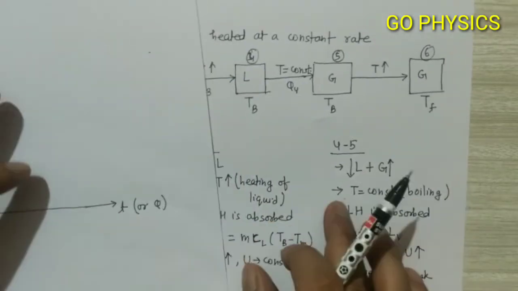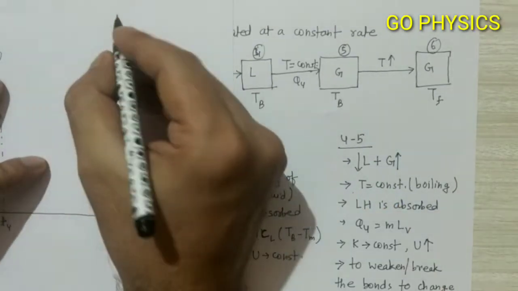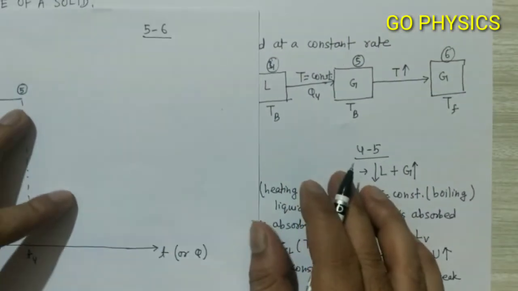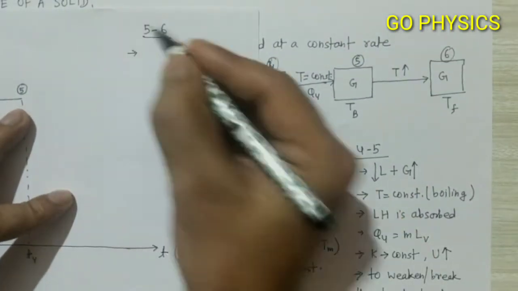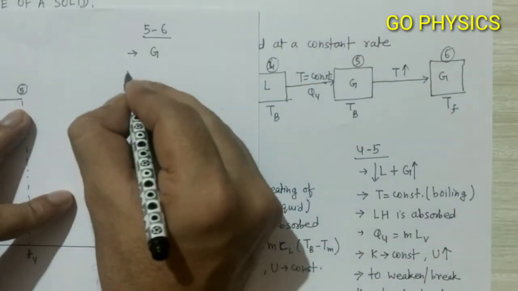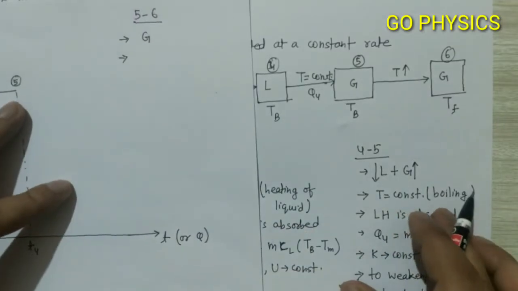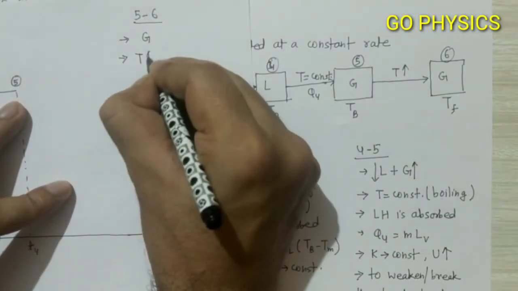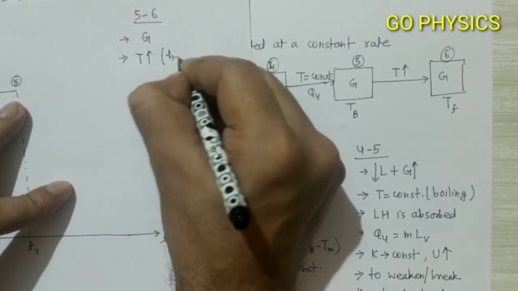So during the process 5 to 6, in the system we have only gas. Second important point is the temperature of the system will keep on rising, and this is called heating of gas.